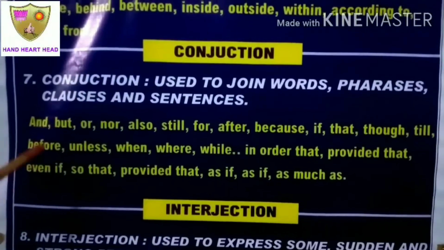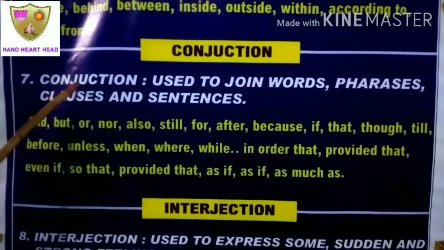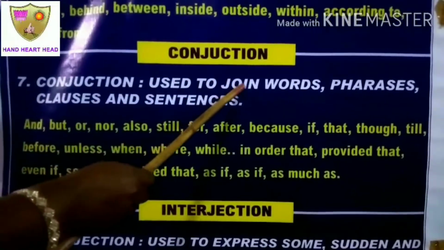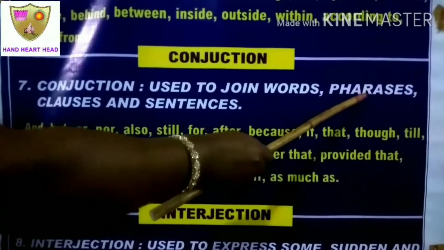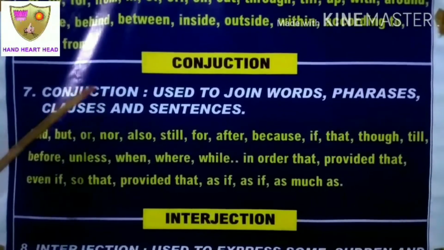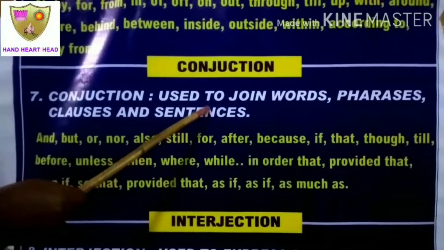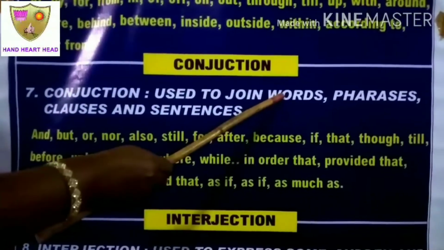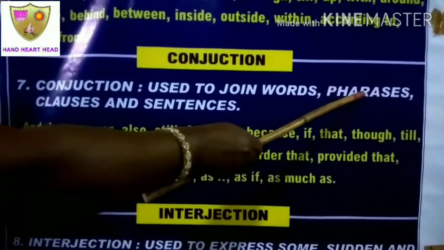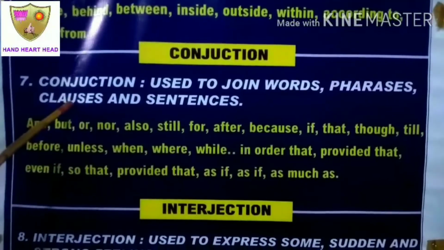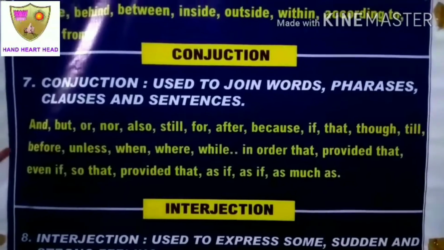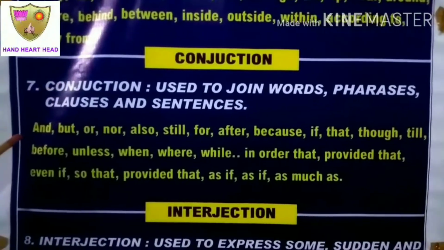Conjunction. What is a conjunction? Conjunction is a word used to join words, phrases, clauses and sentences. இணைப்பு வார்த்தை என்று சொல்கிறோம். அது வார்த்தைகளை இணைப்பதற்கும், phrases-ஐ இணைப்பதற்கும், clauses-ஐ இணைப்பதற்கும், சென்டென்சஸை இணைப்பதற்கும் பயன்படுகிறது. கன்ஜங்ஷன்ஸ்க்கு எக்ஸாம்பிள்ஸ்.